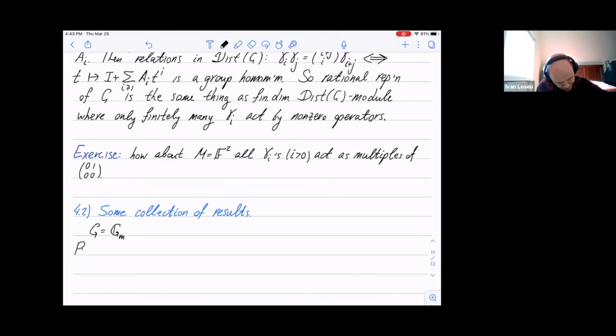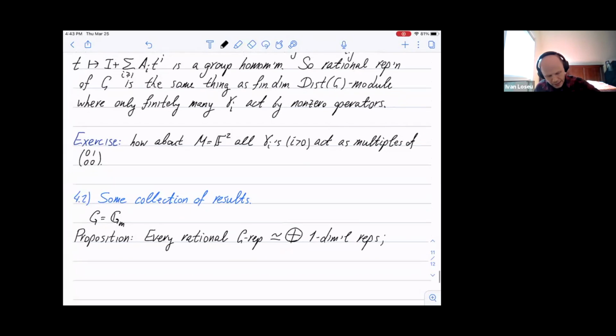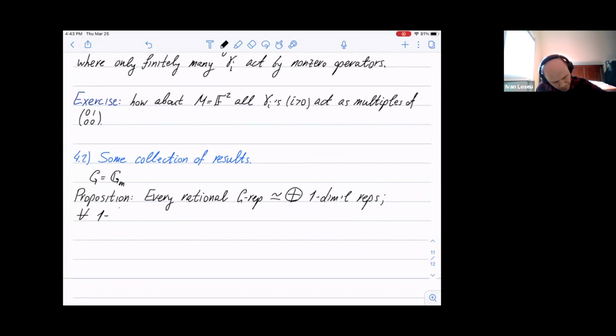So the proposition is that every rational representation is isomorphic to a direct sum of one-dimensional representations, and every one-dimensional representation is given by t goes to t to the power i, where i is an integer. Okay.